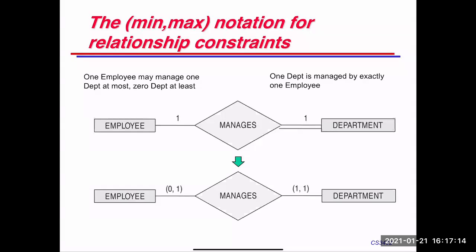This is a one-to-one relationship where this min-max notation not only allows you to specify the cardinalities, but also the constraints on the participation. Because this is a total participation constraint here, we have the range restricted exactly to 1. Whereas on this side, employee has a partial participation constraint, so it may or may not participate in this manager's relationship. That's why we have either 0 or 1.